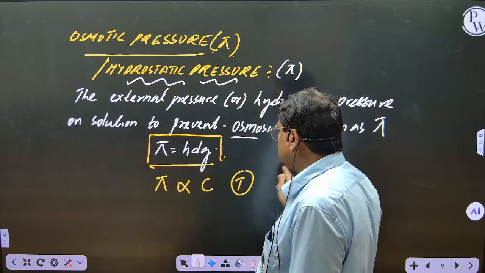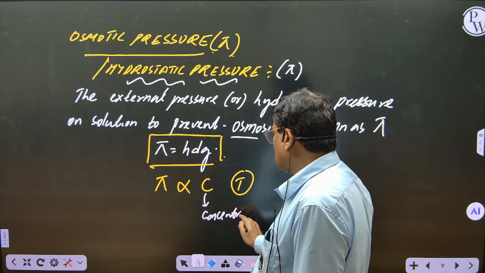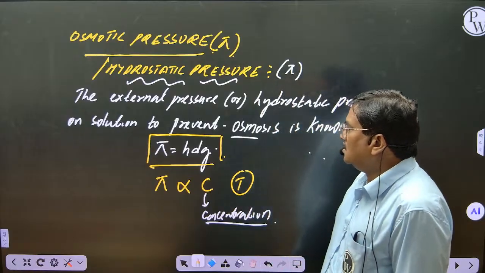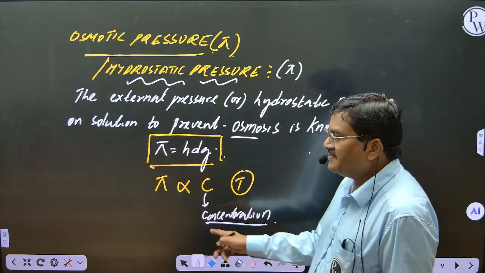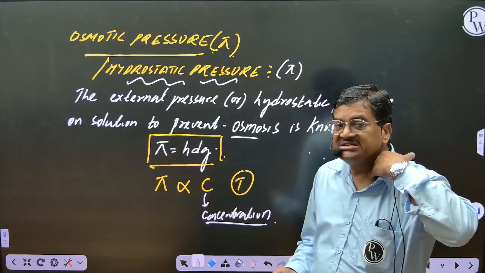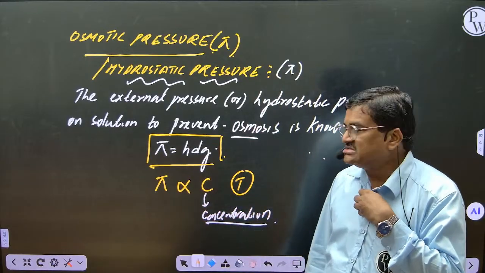Concentration. Understood? Where pi is osmotic pressure, C is the concentration. Means as concentration increases, what happens to osmotic pressure? Osmotic pressure of the solution increases.